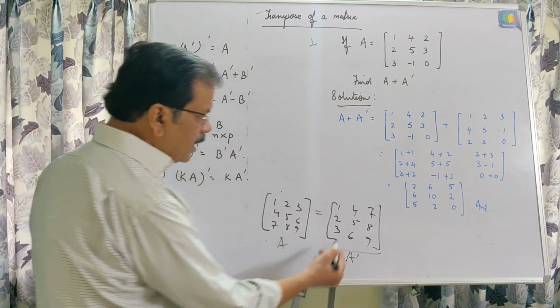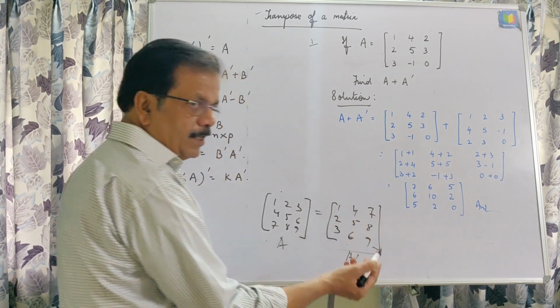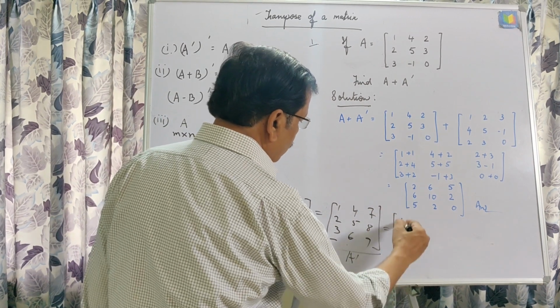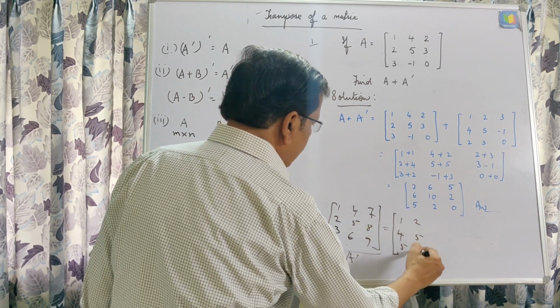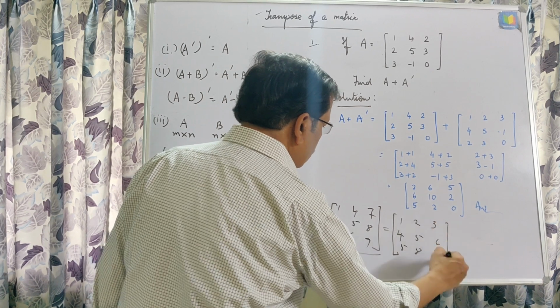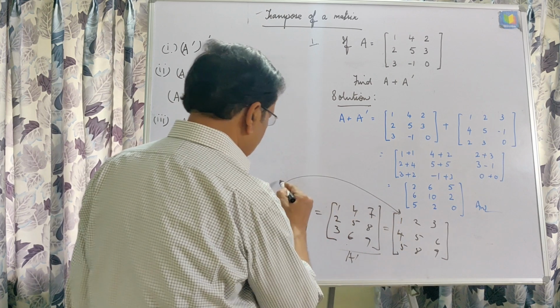If we again transpose this matrix, that is, we again write the first row as the first column, the second row as the second column, and the third row as the third column, we can see we are again getting the previous one.